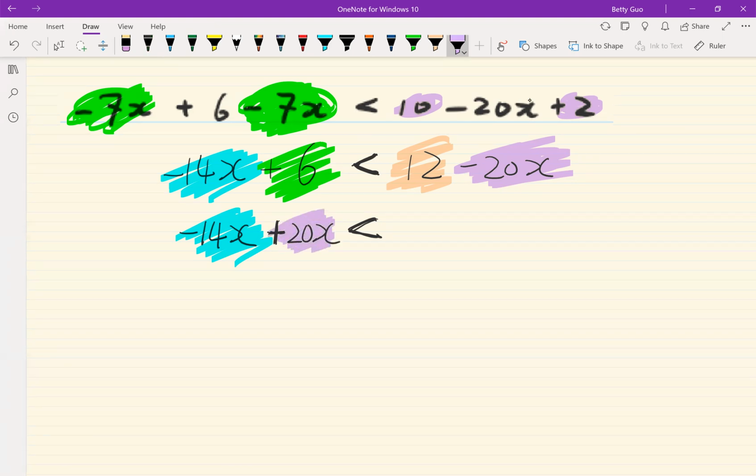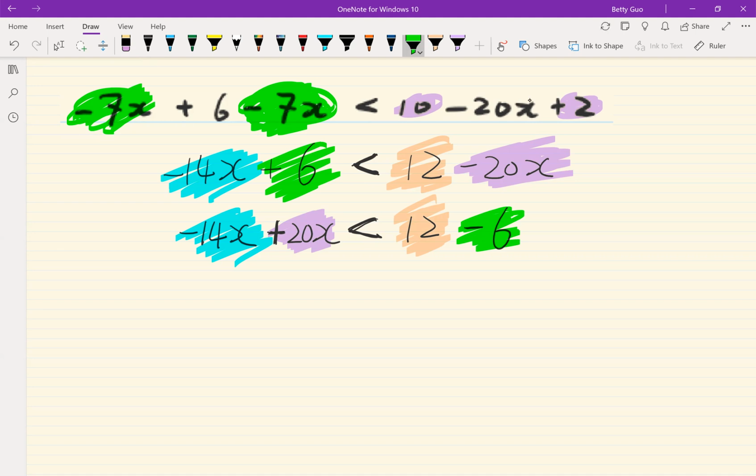Okay? On the right-hand side, we still have 12. 12 does not change because 12 is already on the right-hand side, right? You want to move 6 over, so you have to change the sign. So the green term becomes negative 6. Okay, what happened is I move this purple over here. It becomes positive.